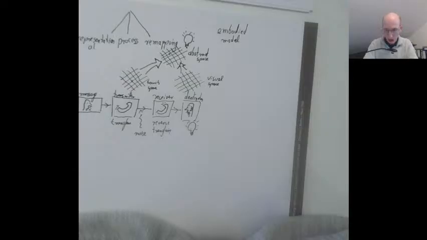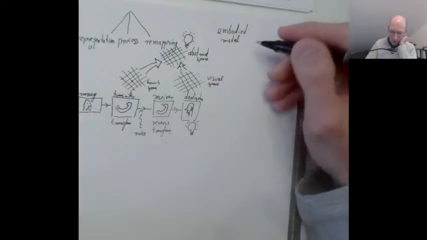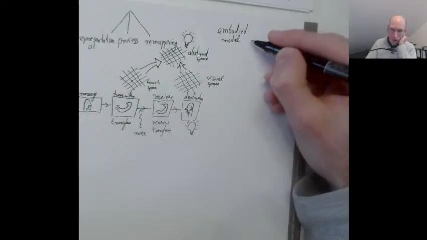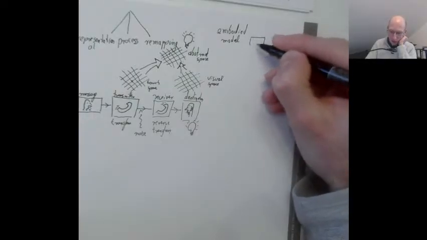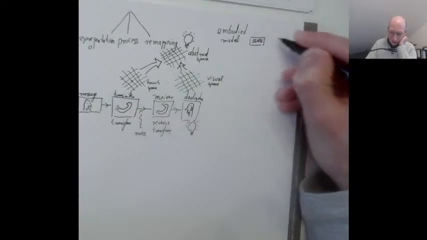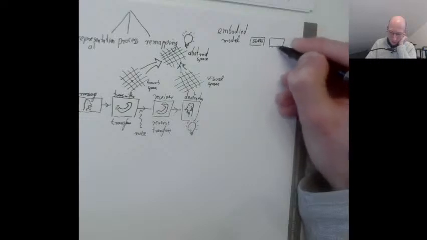Let's see whether I can also put this into a diagram. How could I? Okay, my first inclination would be to represent this by boxes. So I do this. We have sense. We have motor.